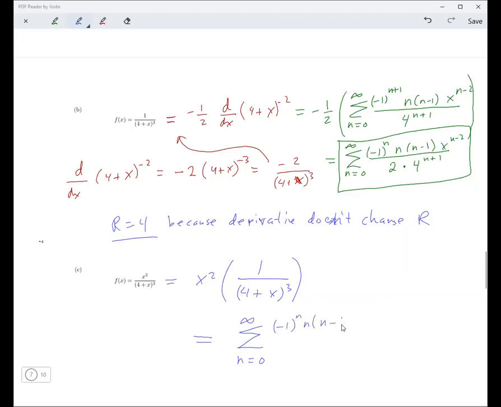You leave everything else exactly the same. To the 2. That just comes at, wait, what am I doing? That becomes an n, I'm sorry. So n minus 2 plus 2 is n. So the n goes right here.